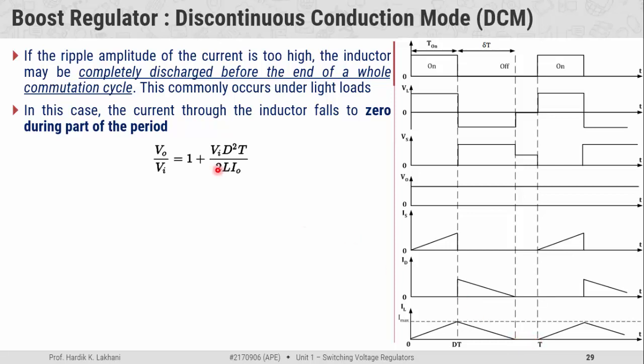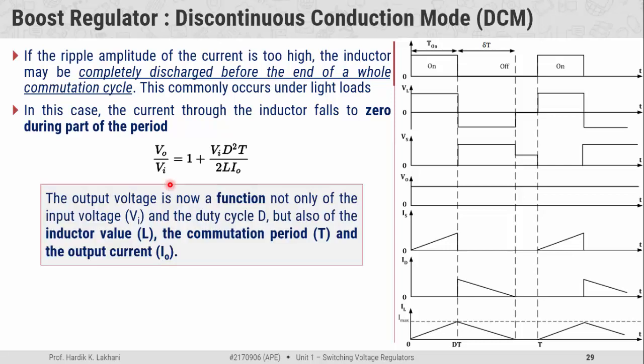By following the similar procedure of the derivation we did in the buck regulator discontinuous conduction mode, we can obtain the equation for the boost regulator operating in DCM for output voltage.